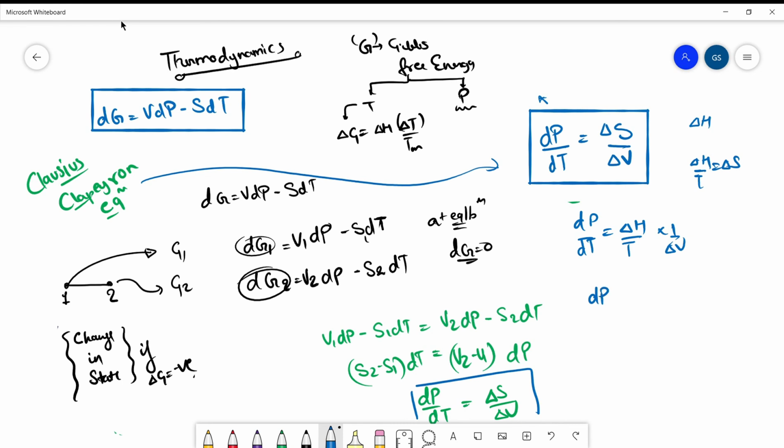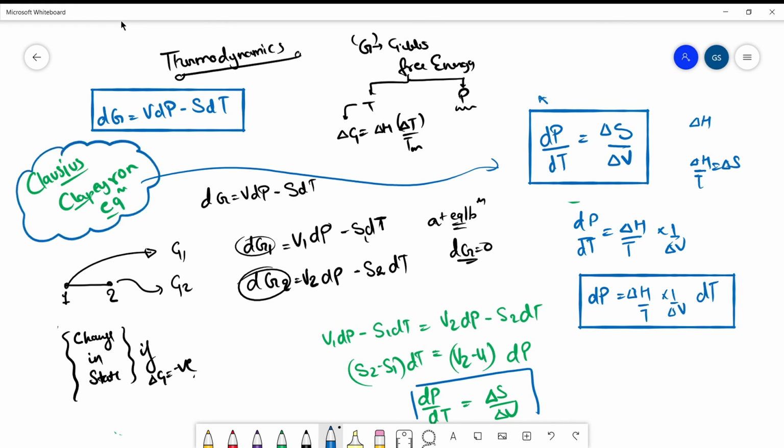You can integrate dP and delta H by T times 1 by delta V dT. We can easily integrate these terms and find our answer. But I will not integrate. I will just show that this is our main Clausius Clapeyron equation.